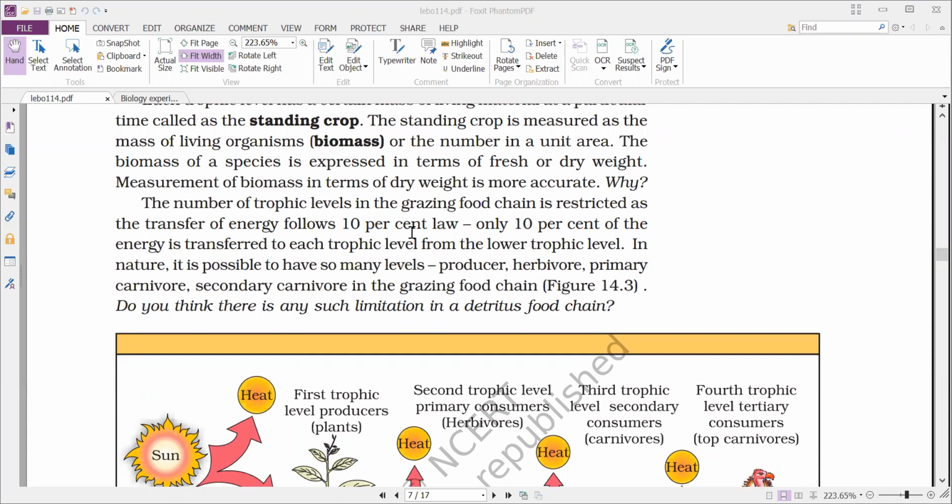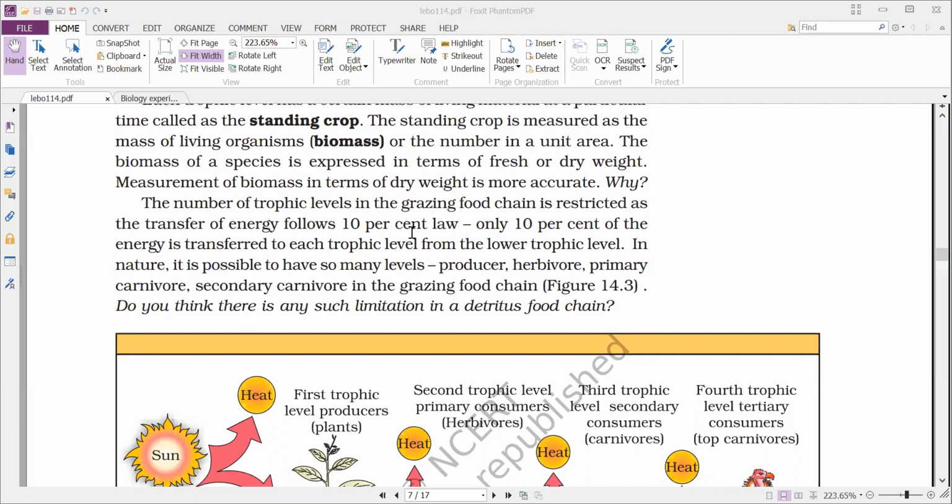Why? Suppose 100 grams of biomass is produced by the producer. In that 100 grams, some 50 grams is used for its respiration, and the remaining 50 grams is stored.